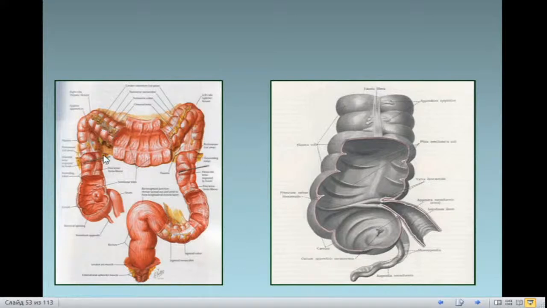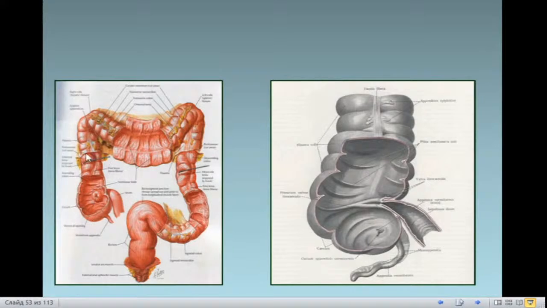So in Latin, appendices epiploicae. And here you can see the ileocecal valve, which opens into the first portion of the large intestine called the cecum, typhlon in Greek.